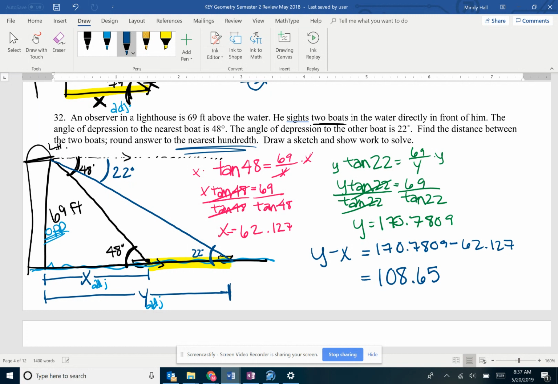And it's 653, so it just rounds to 65. And that is in feet. Okay? So again, you're basically just finding tangent twice and then subtracting the difference. All right, there we go.